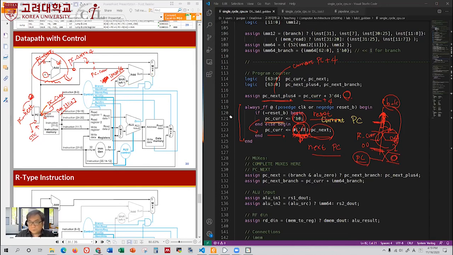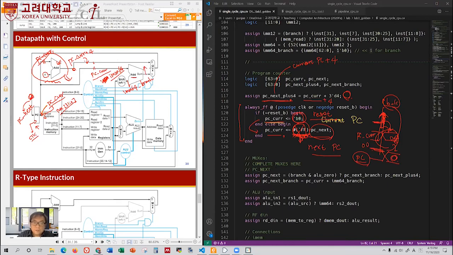So here this is the PC curve, and then this is the branch. So this is the adder.